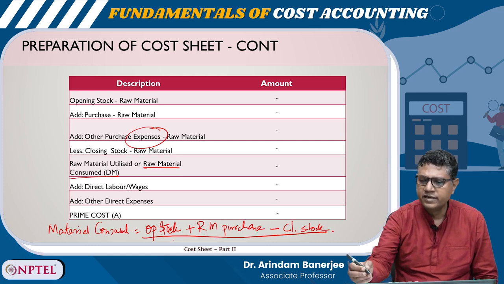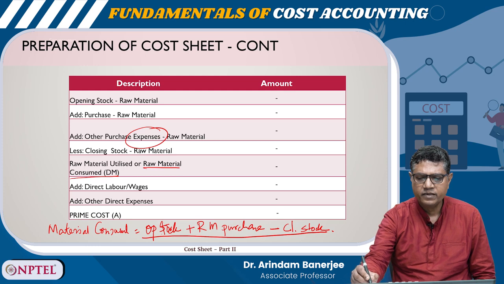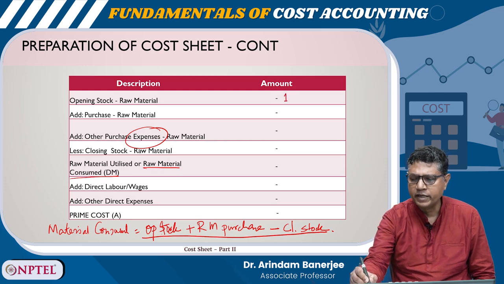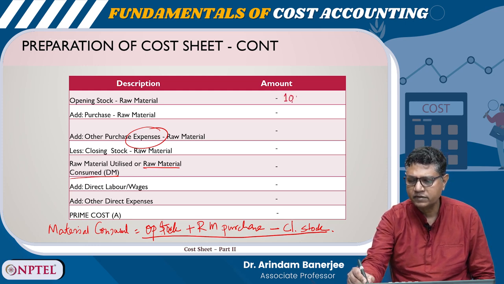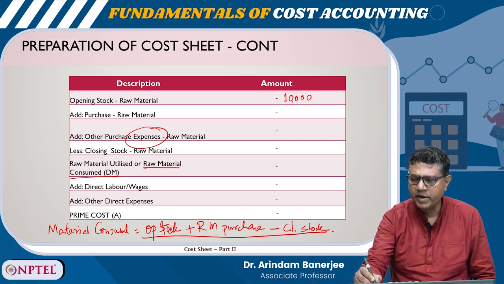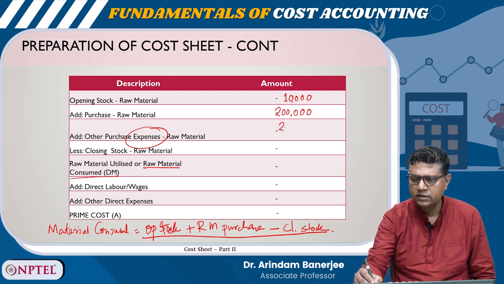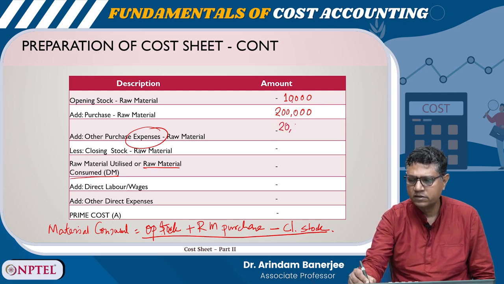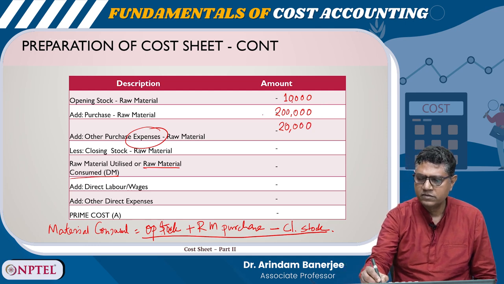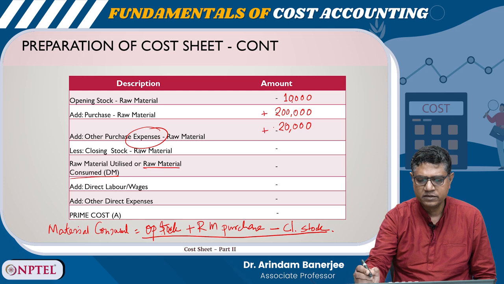Say for any company, the opening stock is 10,000, and they made a purchase of 2 lakh, and they also incurred 20,000 as purchasing expense.